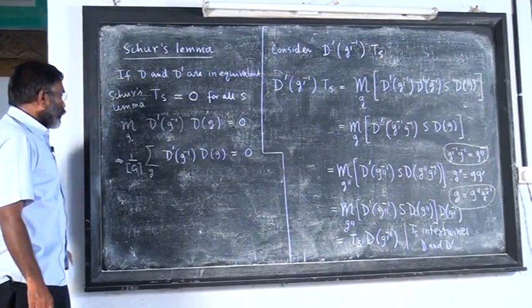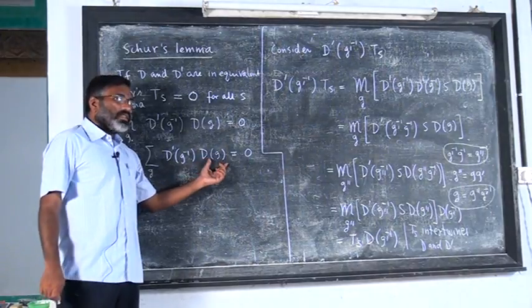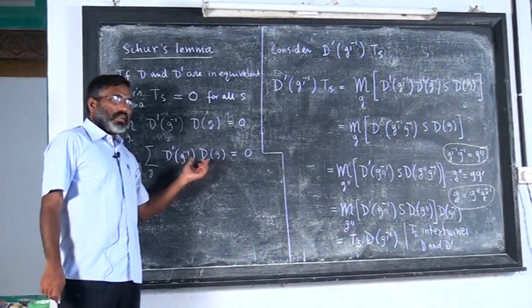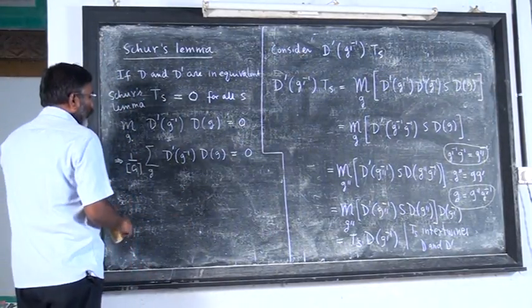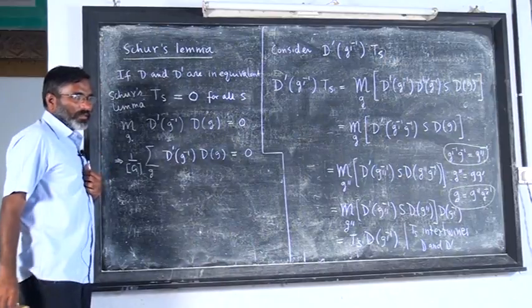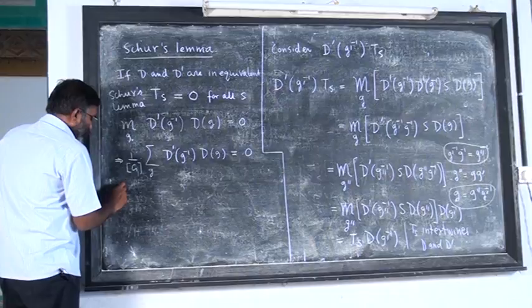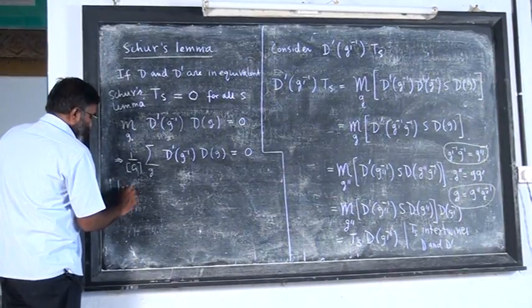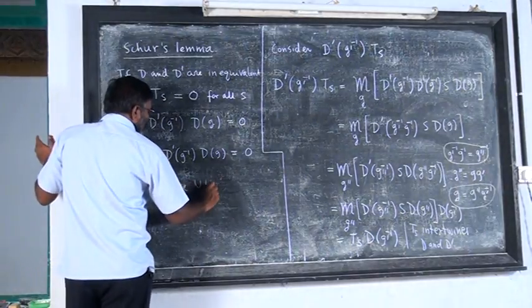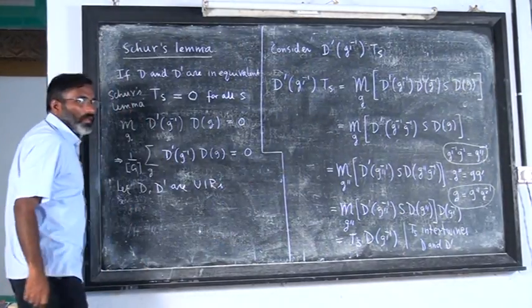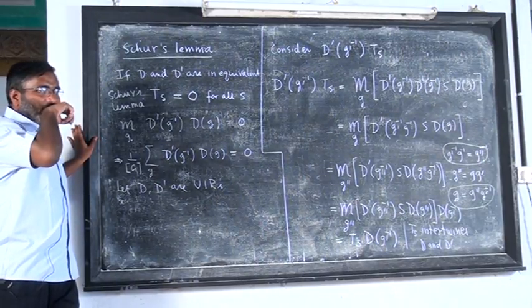Now what does this mean? This is a matrix and this is a matrix, correct? These are matrices. So how do I write this one if I want to write it in terms of the matrix elements? Okay. So let us say, without any loss of generality, let D and D prime be unitary irreducible representations. If they are unitary irreducible representations, then what will happen?